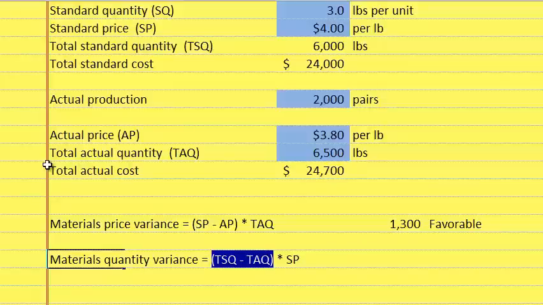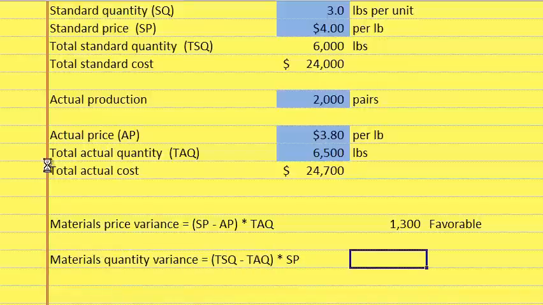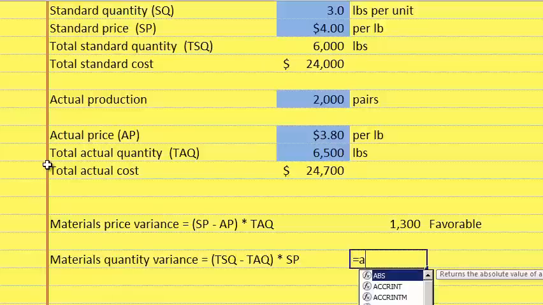So why don't you pause the video and see if you can compute the materials quantity variance. Now, since variances should not have signs on them, I'm going to use the absolute value function to get rid of the sign.